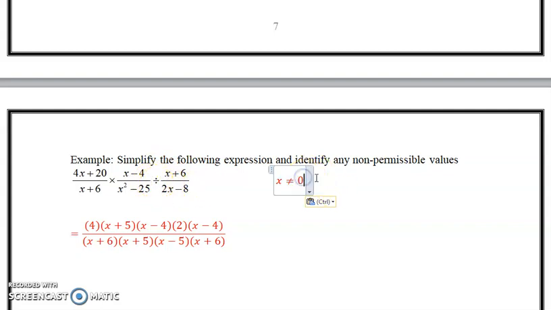So that becomes negative 6, negative 5, positive 5. You don't need negative 6 again, but you will need the positive 4. So it's going to be these 4 values.